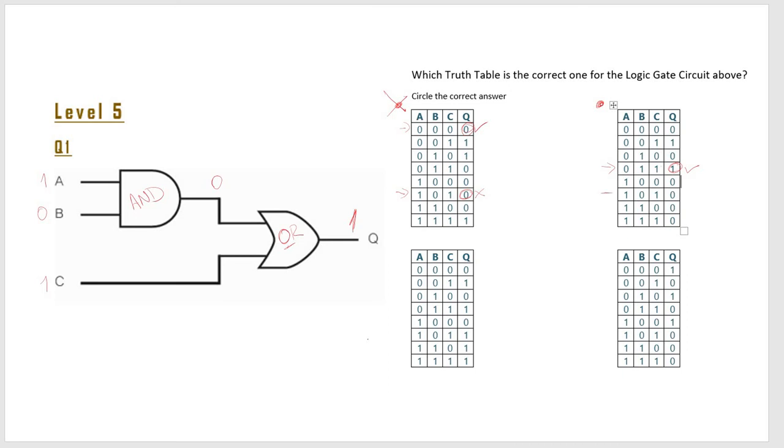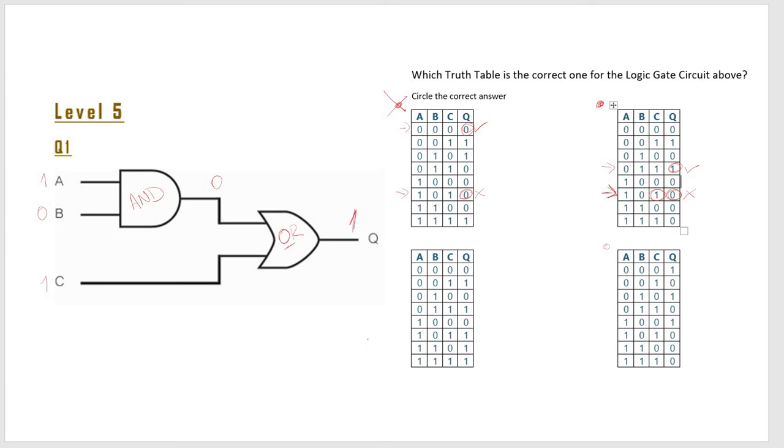But if I look at this pattern over here, I can see that the output is going to be 0 when C is a 1, so this is in fact wrong, because any time C is a 1, the output is going to be a 1, irrespective of what A and B are. So I know that this truth table here is incorrect.